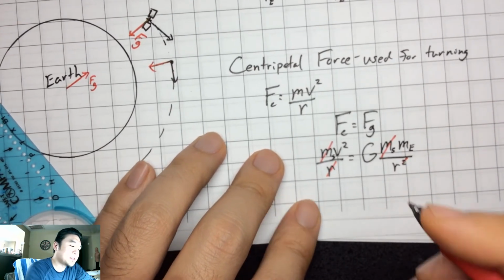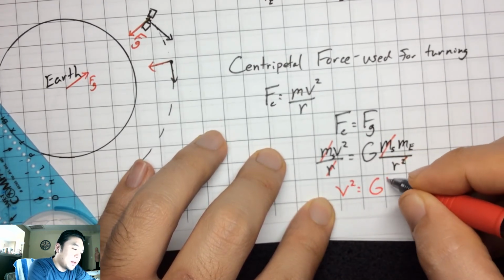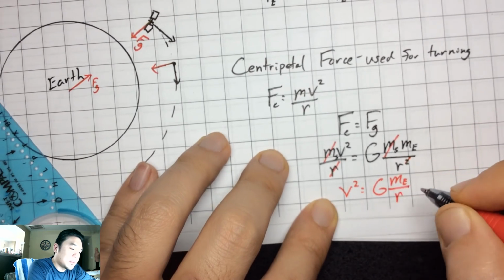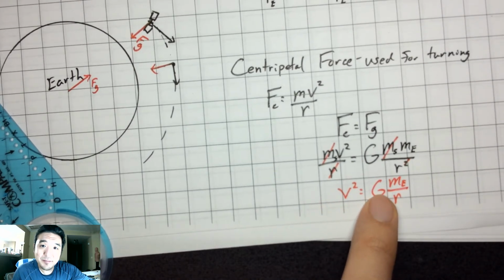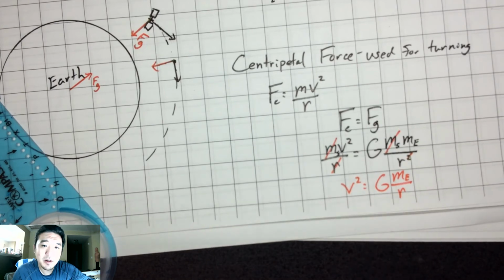And let's clean this up just a little bit. So we got v squared is equal to G, the mass of the Earth, divided by the radius that we are currently at away from the center of the planet. And so if you want to figure out how fast your satellite needs to be moving in order to achieve orbit, you just square root the right side, knowing what altitude or what distance you are away from the center of the planet.